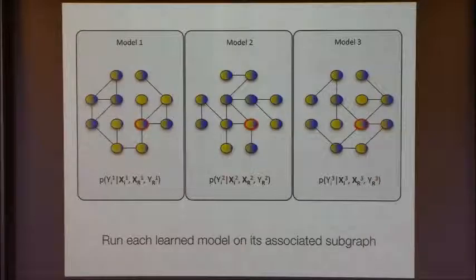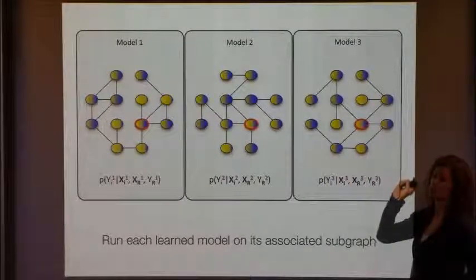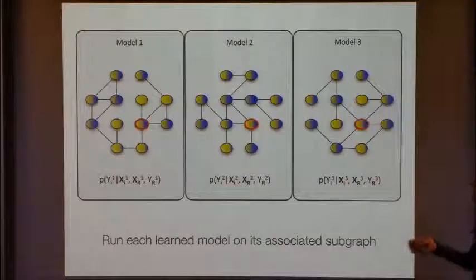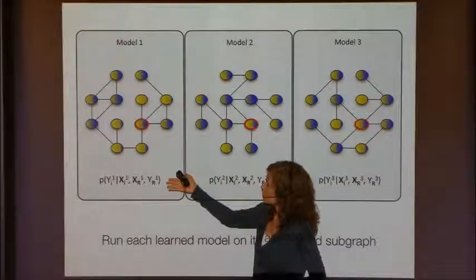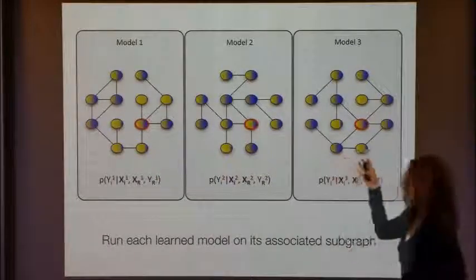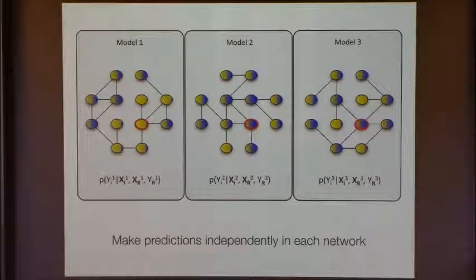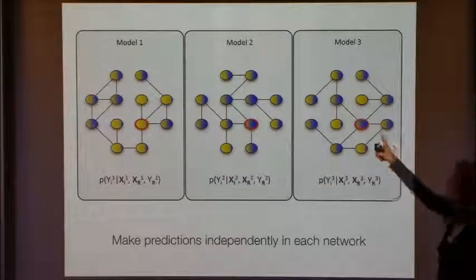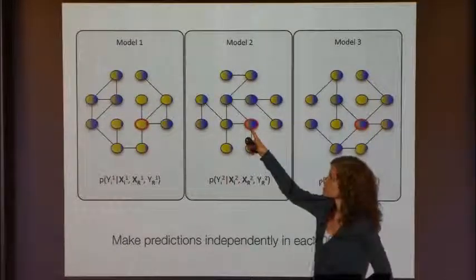What that would look like is that you have three graphs here where the nodes are all the same, but the edges between them might be different because of the different graphs. And what you're going to do is make a prediction with one model in one graph, but you have three different graphs that you've sampled with replacement. And what you'll do is make your individual predictions. You might not have been able to catch that, but this node right here is mostly blue, and this is mostly blue.